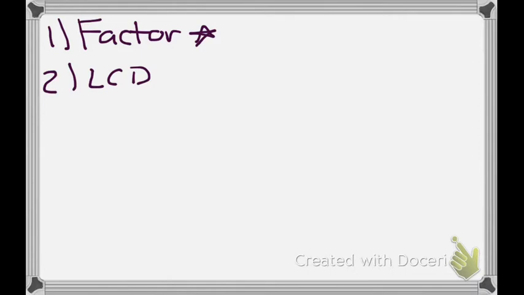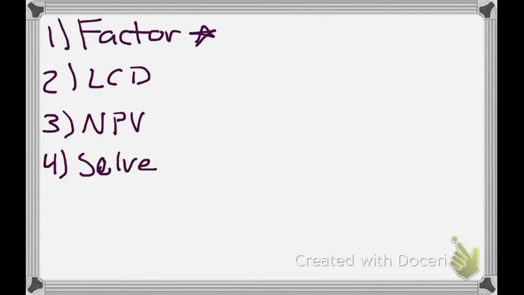Once we find it, we need to actually make them have common denominators, so both rational expressions need to have the same thing on the bottom. And then, as usual, NPV, and then solve and simplify. Our last step, solve and simplify, just like always.